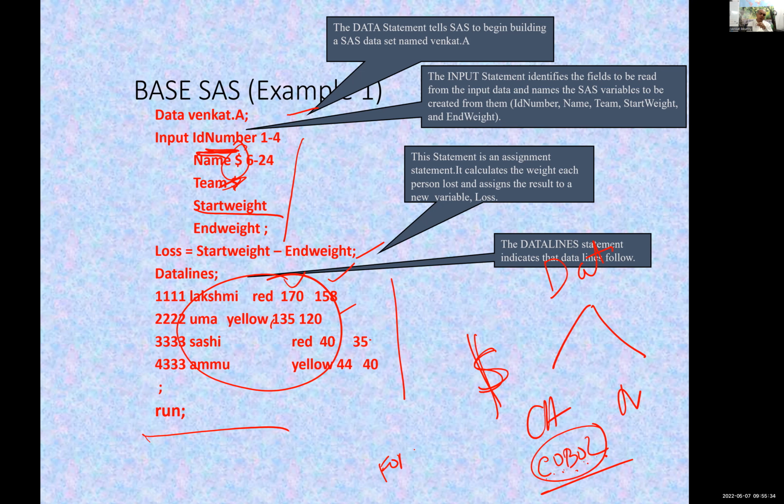Fortran means Formula Translation, and they want only small letters. BASIC is the Beginners All-purpose Symbolic Instruction Code, and you can write anything. These are all languages from long time back, and they have a lot of syntax.